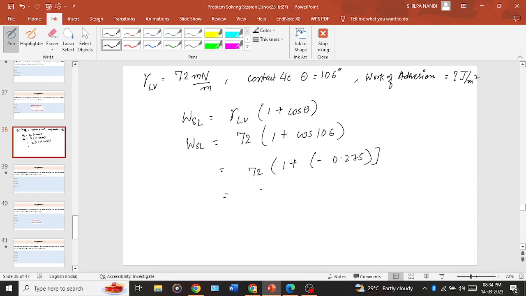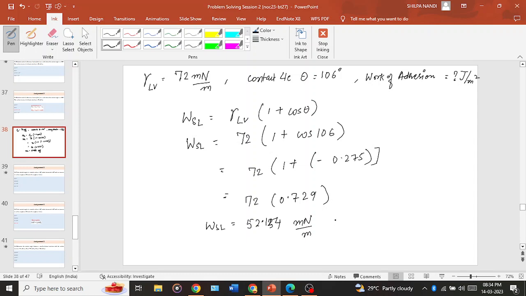Fine, now you just need to calculate this and you will get the answer as 72 multiplied by 0.729, which is around 52.1254, something similar to this. The unit here is millinewton per meter, but we need to convert this into joule per meter square.